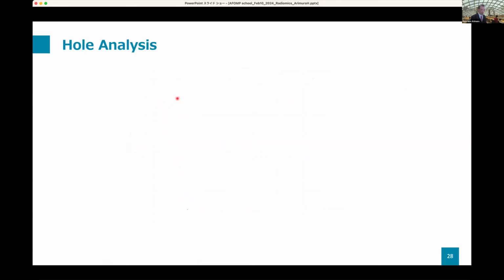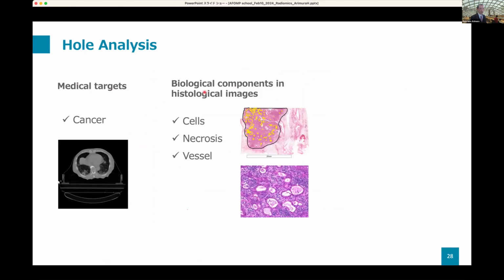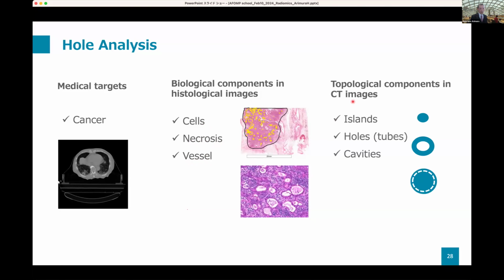I'd like to summarize the fold analysis. Medical targets are cancer, in my case, and biological components in histological images include cells, cellularity, maybe islands in binary images, and necrosis, maybe holes in binary images, and vessels, maybe tunnels in binary images. For topological components, we focus on CT images or sometimes MRI images.